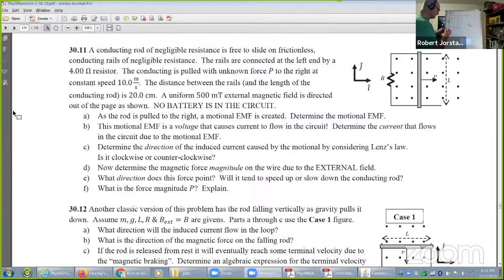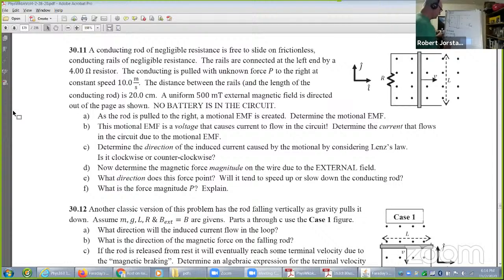So it says R is equal to 4. V is 10.0 meters per second. It's pulled by a force which has unknown magnitude. The length is 20.0 centimeters.